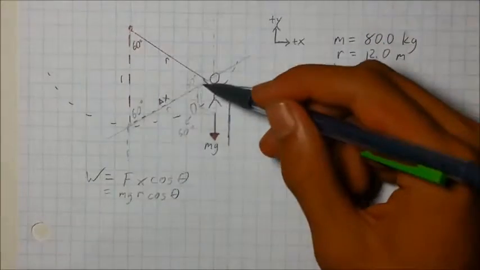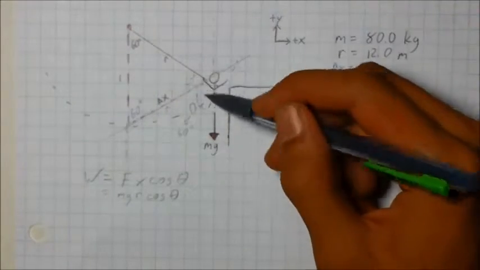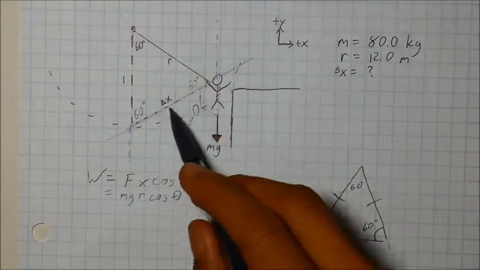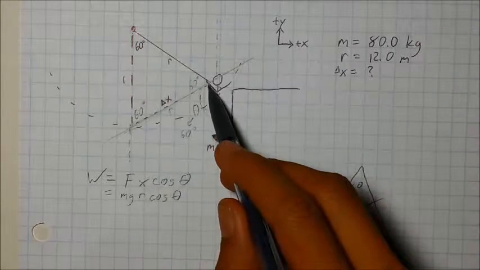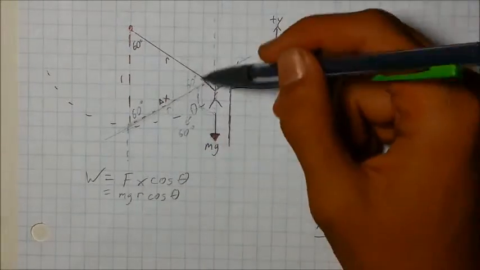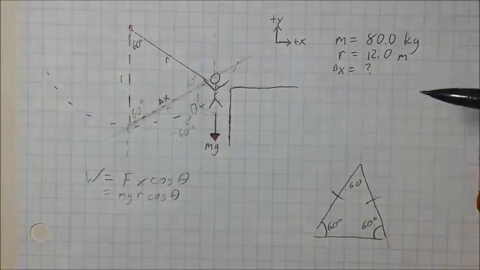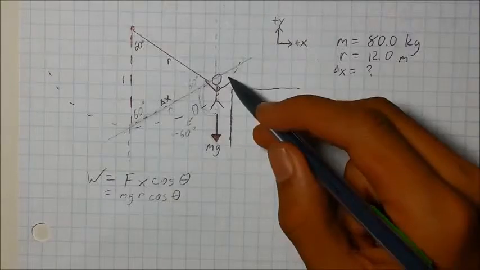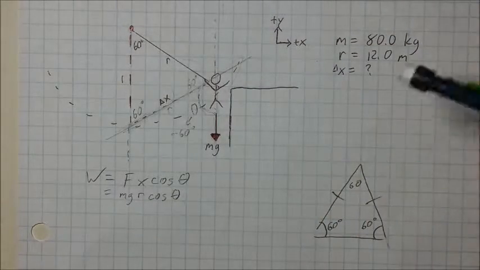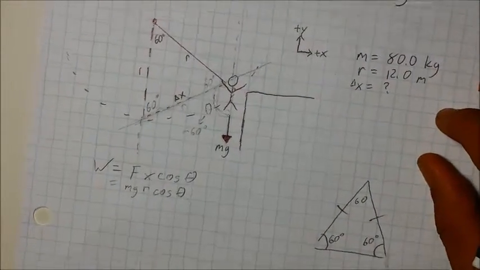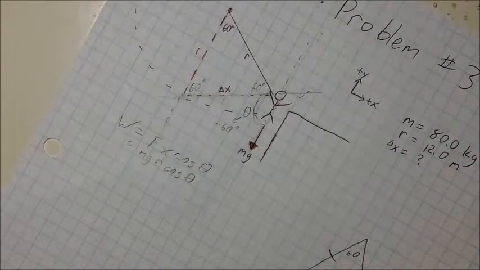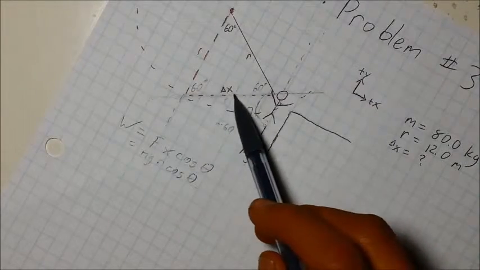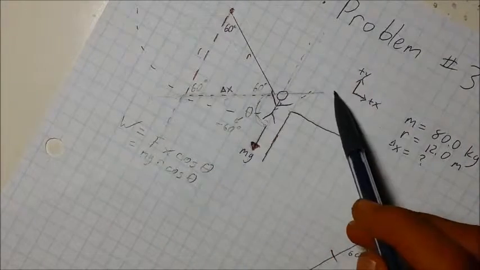But we know that this force is going downwards, whereas this displacement is going upwards. So that's actually negative 60 degrees in relation to the displacement. To make it clearer to visualize, we can rotate this diagram so that X, the displacement, is horizontal.